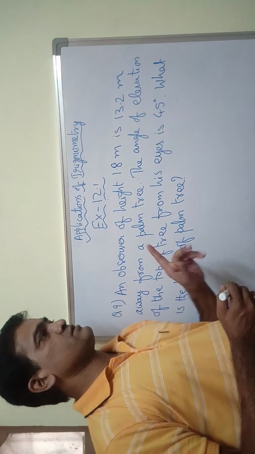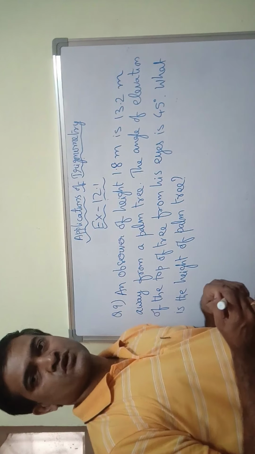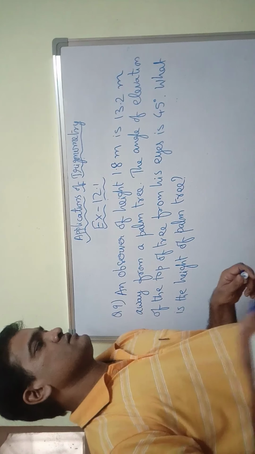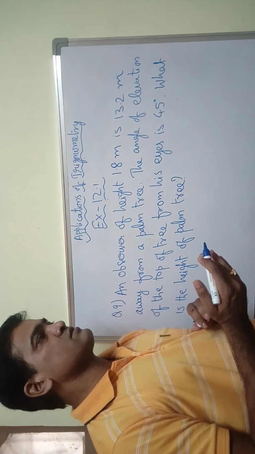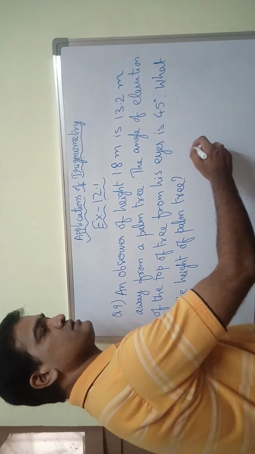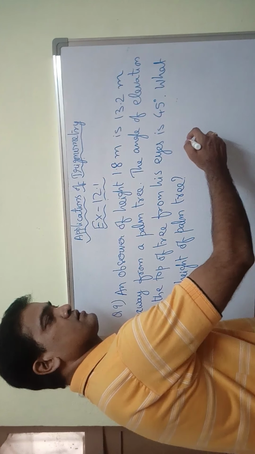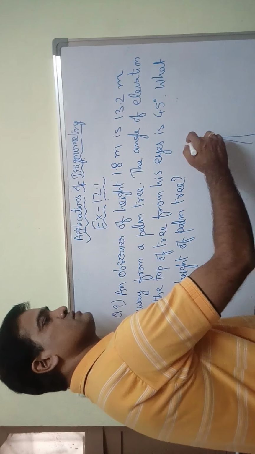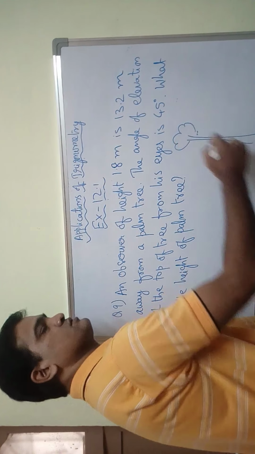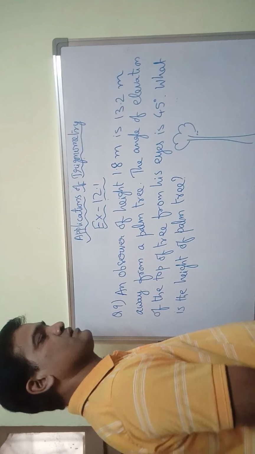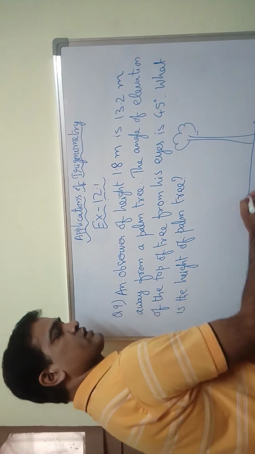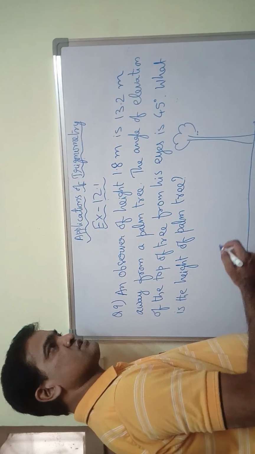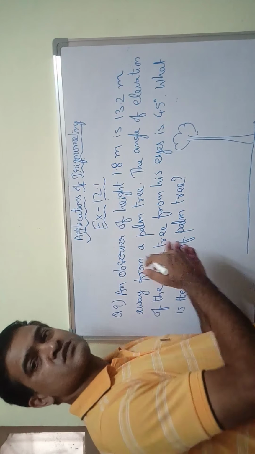Simple question. If you understand this, you can solve it very simply. So let me draw the figure to understand. Let me draw a palm tree first. Let's say this is a palm tree. And this palm tree is located at a distance of 13.2 meters away from the observer.